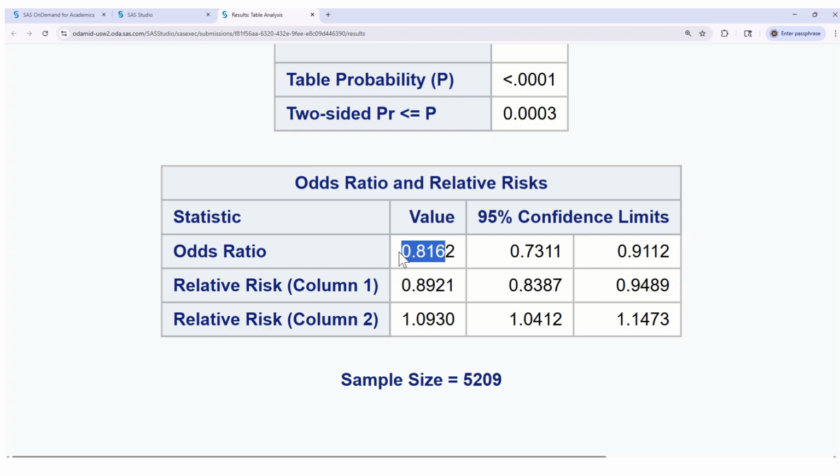There's 19% lower odds of developing high blood pressure for the females compared to males, and the confidence limit is 73% to 91%, which means that even on the other end, close to the neutral value, they still have 8% lower odds of developing high blood pressure, and on the higher end they have approximately 27% lower odds of developing high blood pressure.